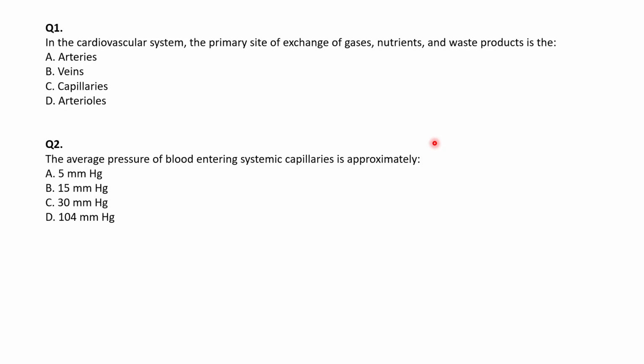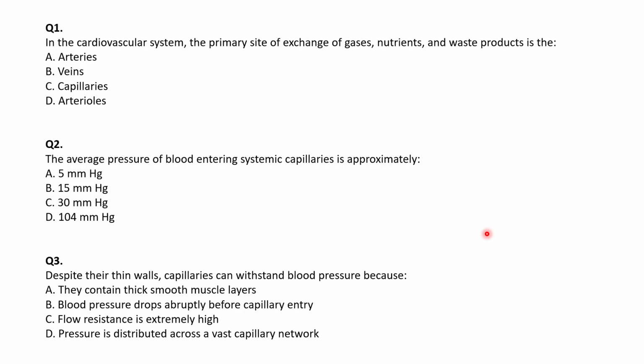As I mentioned already, it's 30 mmHg. That's the pressure, and when it's leaving the capillaries, it's much lower, right? It goes down. Despite their thin walls, capillaries have very thin walls that allow filtering, but they withstand all of this blood pressure. How is it that they're not bursting? What is the reason for that?